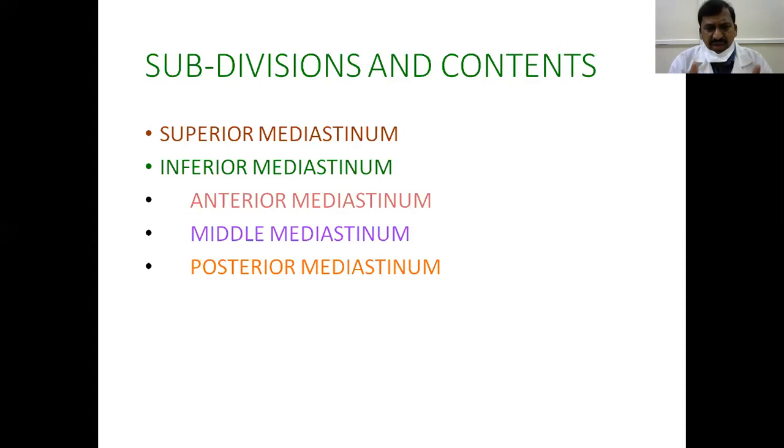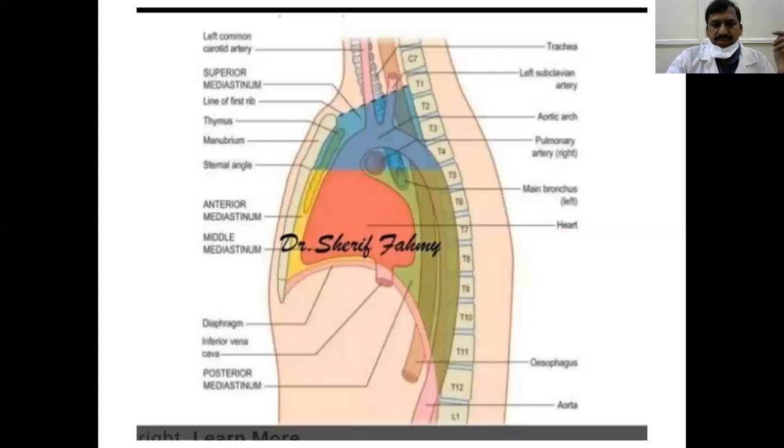Okay. Next, the inferior mediastinum. Again, for our convenience, we are dividing the inferior mediastinum into three parts. The anterior one is the anterior mediastinum, the middle one is the middle mediastinum, and the posterior one is the posterior mediastinum. Okay. You can see in this diagram, this is the thoracic inlet, and this is the superior surface of the thoraco-abdominal diaphragm.